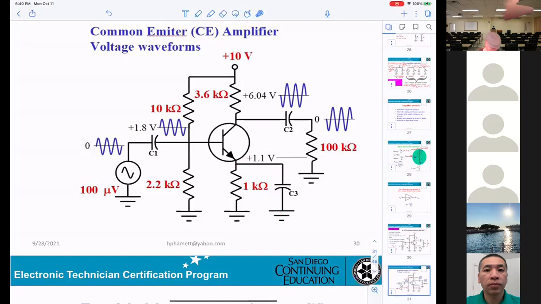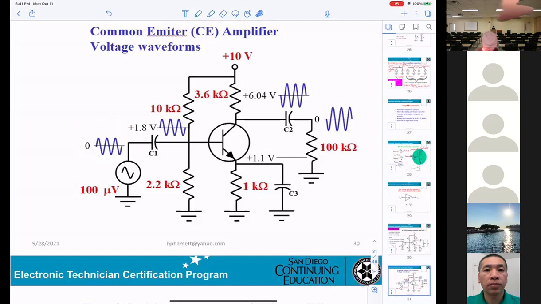Same thing when you measure at the collector here, you can see this is your sine wave and the 6.04 DC voltage at the collector. Now you compare to the input: this going up, this going down. They are opposite to the input here.